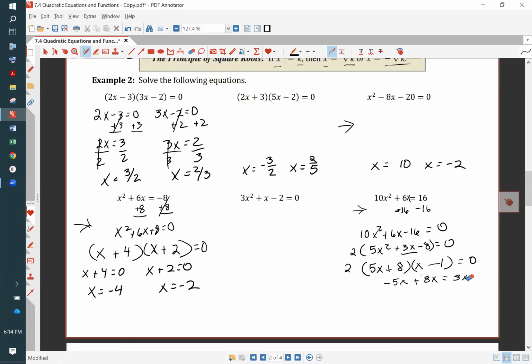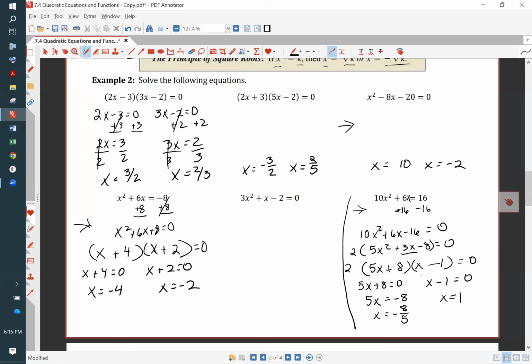Okay. Now we don't have to set 2 equal to 0 because 2 never equals 0. So that kind of just goes away. There's my x's for that problem.